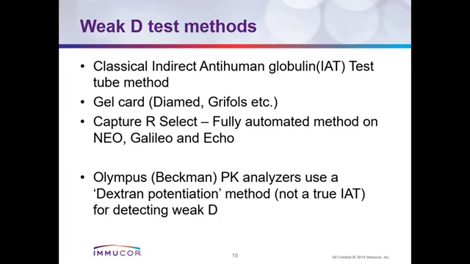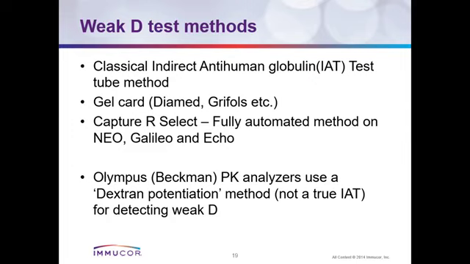Just use your automated platform to confirm your weak Ds or do your blood groupings. For some high-end places, you can have other analyzers like the Olympus. But in our setting, we have the Echo placed in some facilities, so please make best use of them.